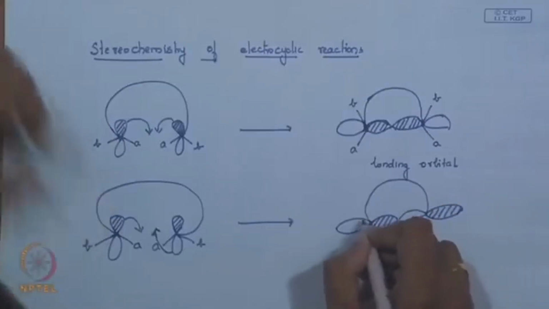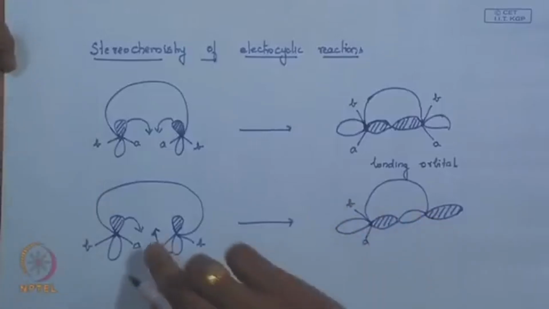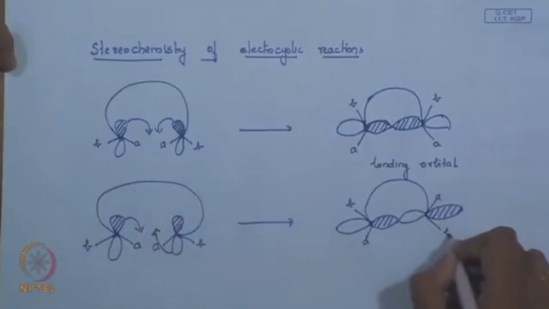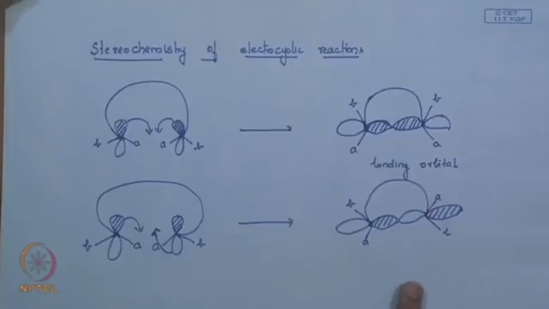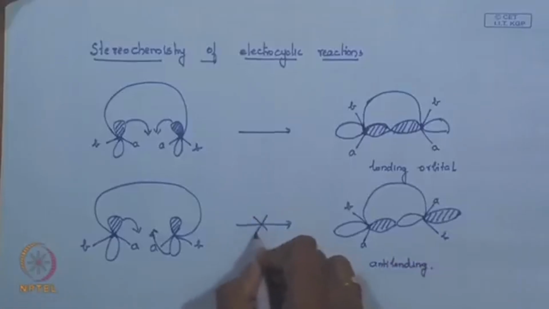My B should be here and my A should be down, and I am flipping this guy up. So, my A should be up and the substituent B should be down. But this is an anti-bonding interaction, right? So, this is not going to happen.